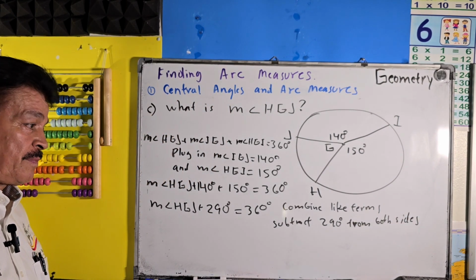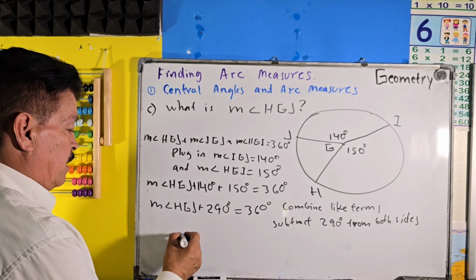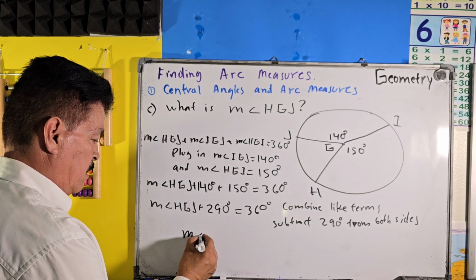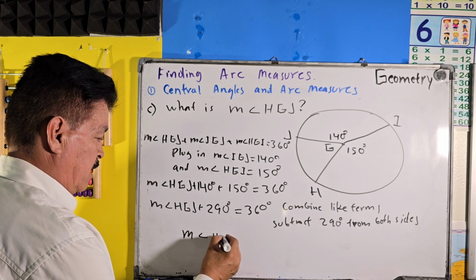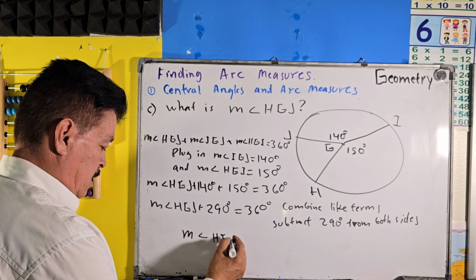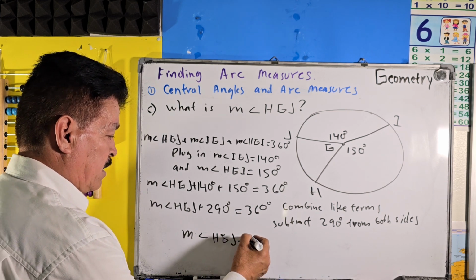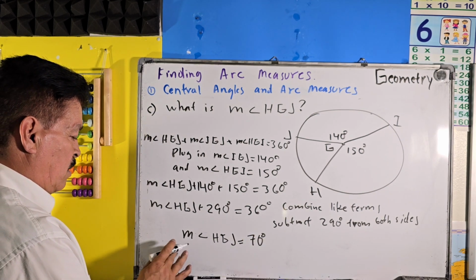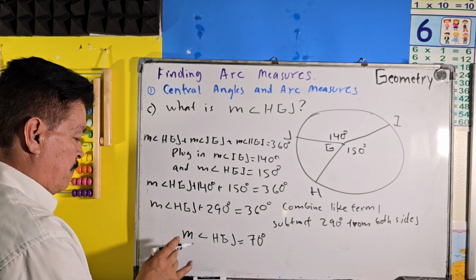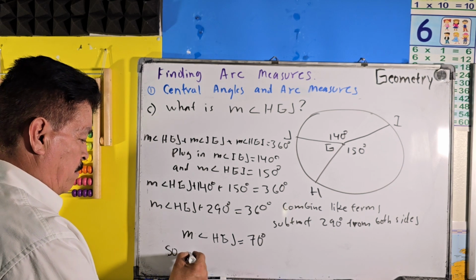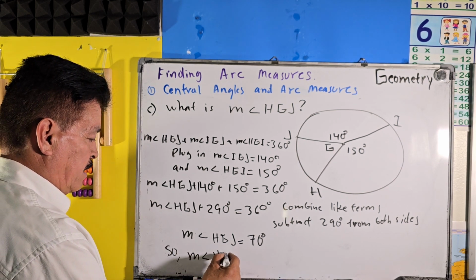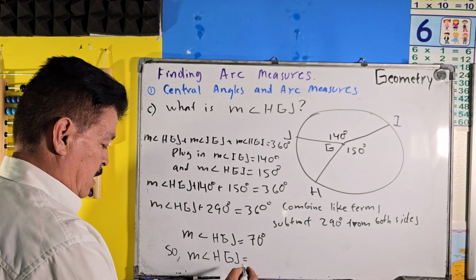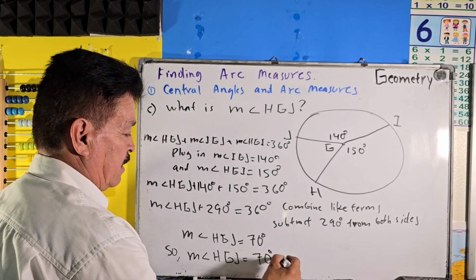Very easy. So the answer is the measure of angle HGJ equals 70 degrees.